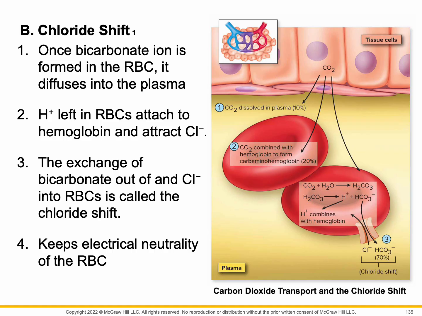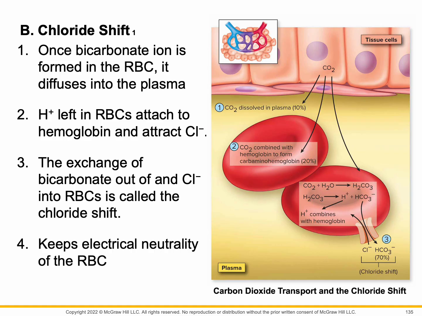Carbon dioxide is dissolved in plasma at 10%, and carbon dioxide combined with hemoglobin of red blood cells forms carbaminohemoglobin, 20%. The carbon dioxide plus the water will give rise to carbonic acid, which then gives H plus and bicarbonate minus ions.